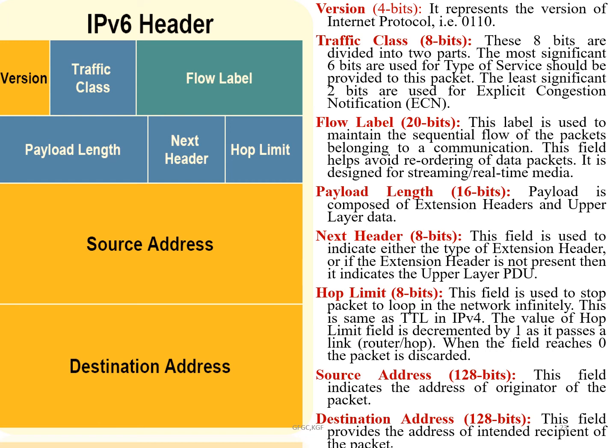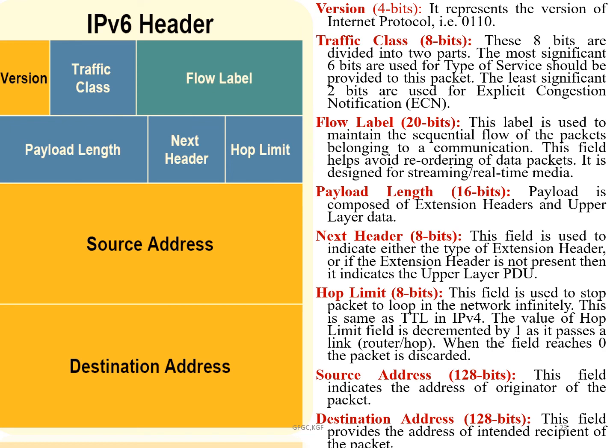First comes the version. Version is 4 bits. It represents the version of Internet Protocol. Since it is IPv6, its binary equivalent is 0110. Next is the traffic class, which is 8 bits. These 8 bits are divided into 2 parts as most significant bit and least significant bit.